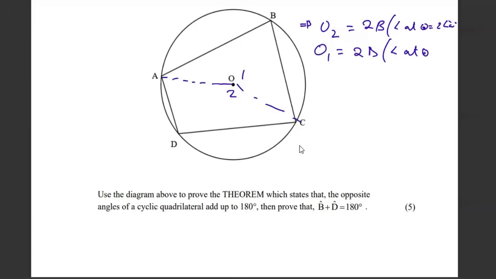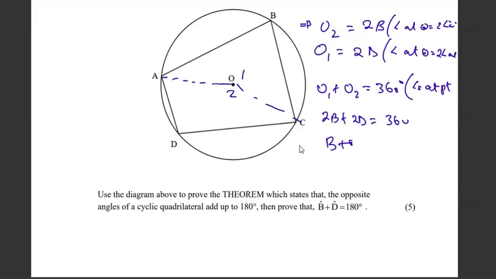Angle at the center, twice angle at the circumference. But we know that if we get O1 plus O2, we get a 360. Those are angles at a point. And then we're going to get a 2B plus a 2D must be 360 divided through by 2. So B plus D should be 180.